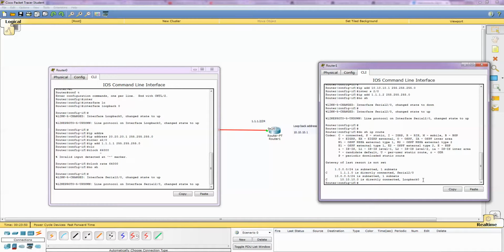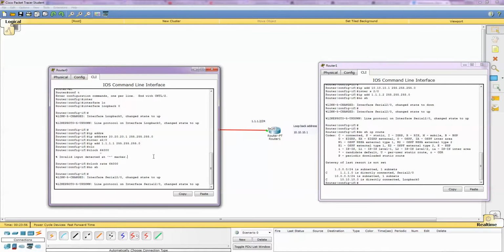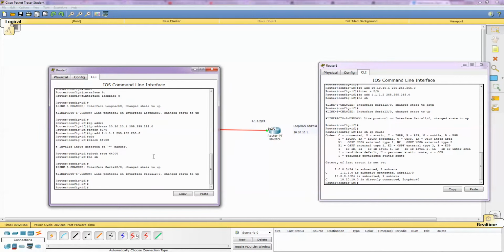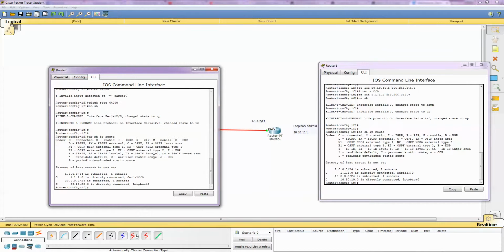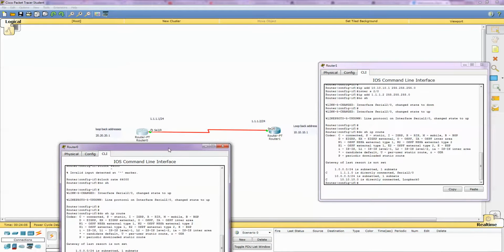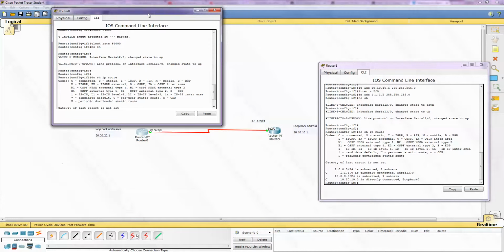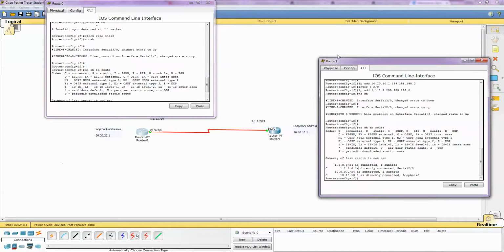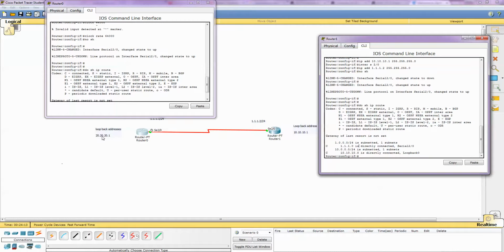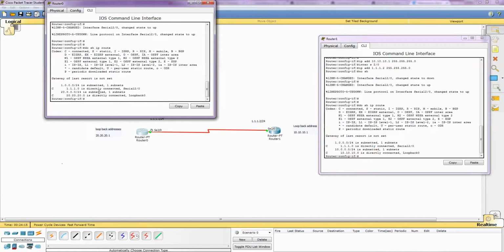So here we are going to enable a routing protocol. Right now let me show you, do show IP route. We are seeing 20.20.20.1 in this routing table, and 10.10.10.1 in this routing table.